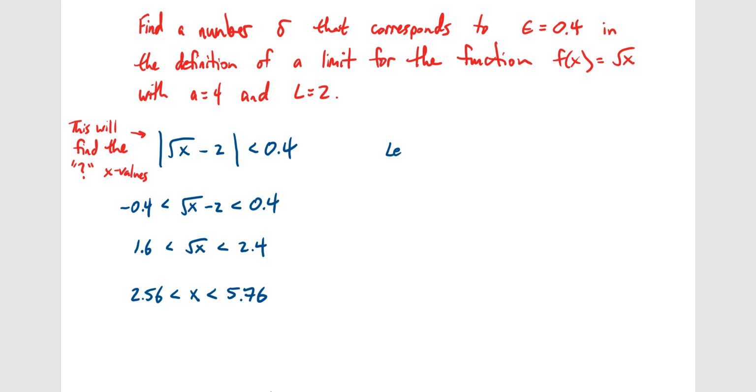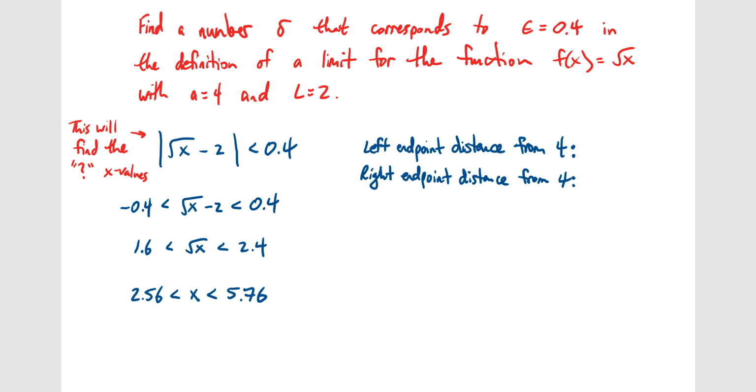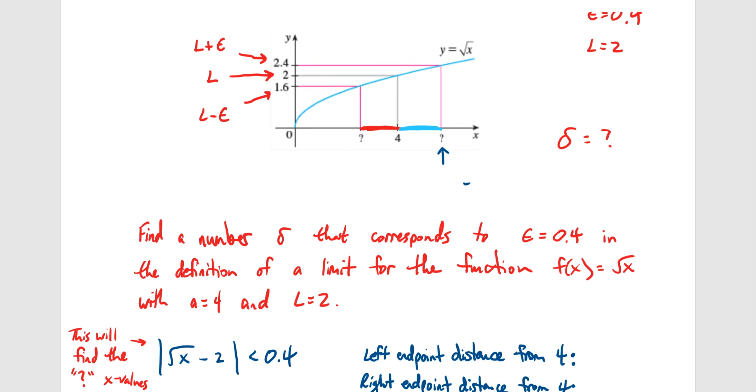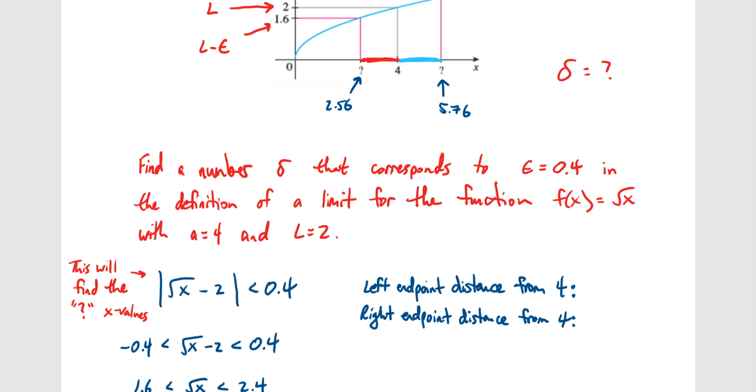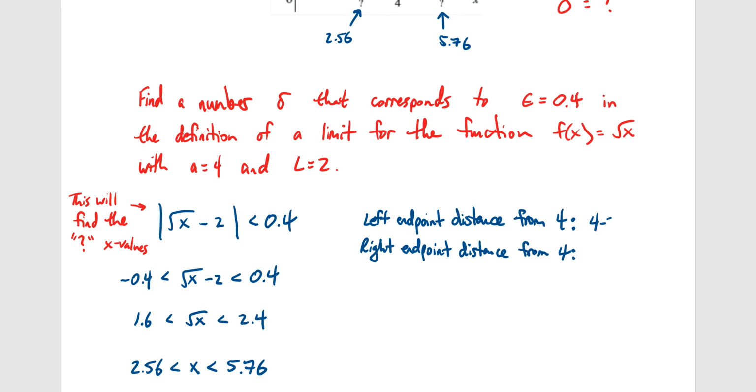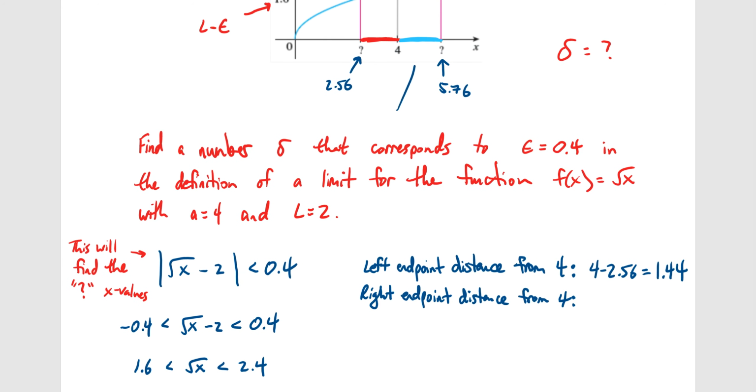I'm going to call the first one the left endpoint distance from 4, and I'm going to call the other one the right endpoint distance from 4. So how do we calculate these distances? We just have to subtract. The first distance is going to be 4 minus 2.56, that's going to give us 1.44. And then the other one is going to be 5.76 minus 4.